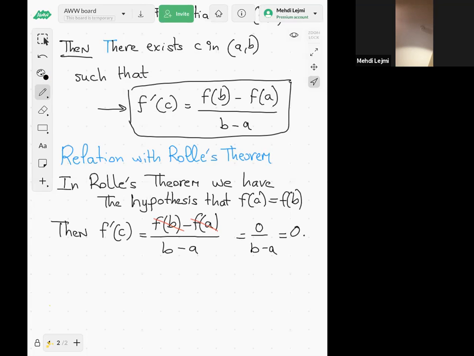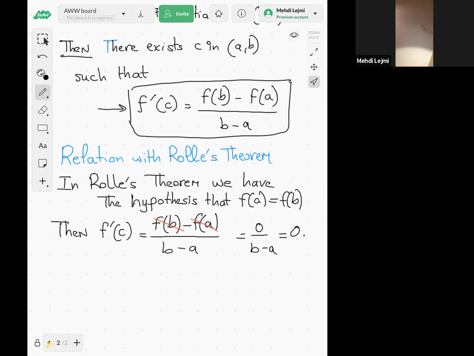So this is a sort of generalization of Rolle's theorem. In Rolle's theorem, we have the hypothesis that f of a is equal to f of b, and so your f prime of c is going to be 0. That's why this mean value theorem is a generalization of Rolle's theorem.